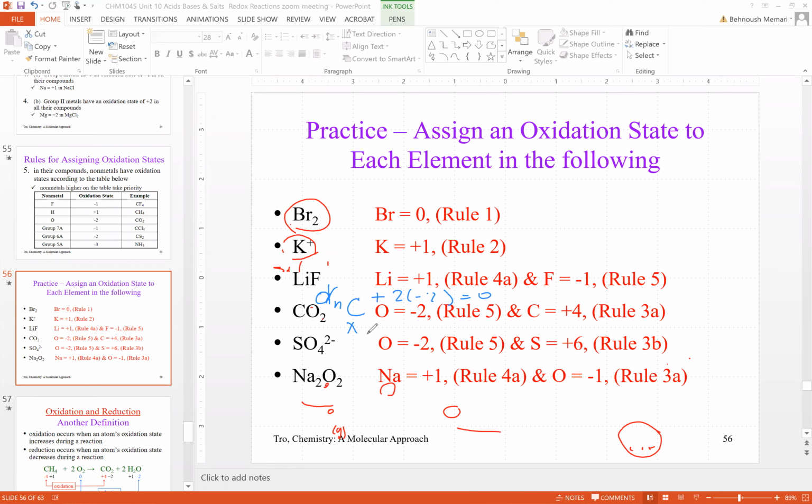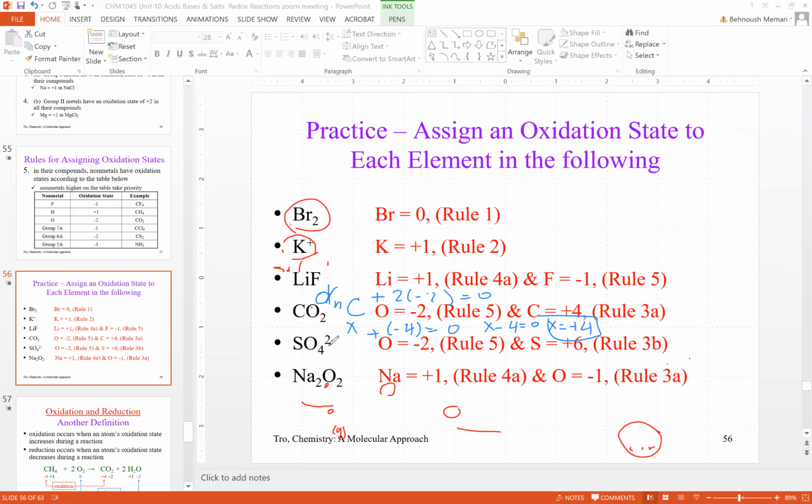So X plus -4 equals 0. X minus 4 is 0, and X would be +4. You can find the oxidation number for carbon that way.